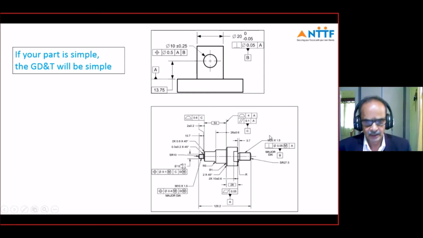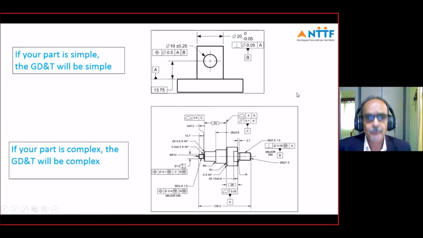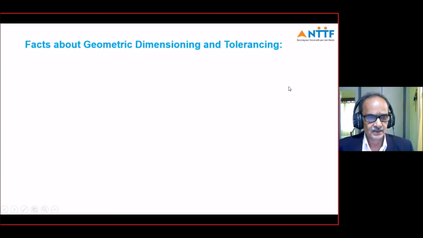You see another drawing. This is a shaft which is used for rotation with a bearing, and the requirements are different. There is a profile requirement, parallelism requirement, perpendicularity requirement, and positional requirements. You can see all these functional requirements. So if the part is complex, the GD&T will be complex.